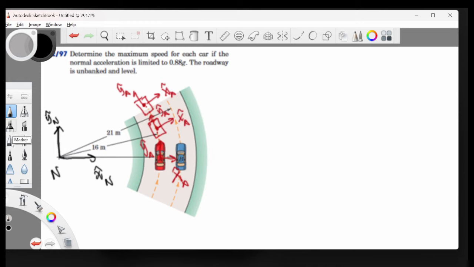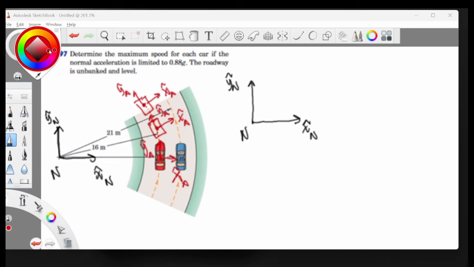We have the xN axis and the yN axis for our frame N, and we have the frame A with its corresponding x-axis and y-axis, and between the xA axis and the xN axis there is an angle theta that will change in time following the motion of the red car.